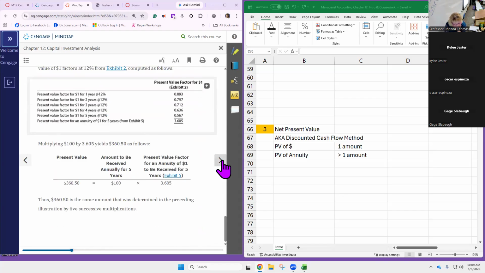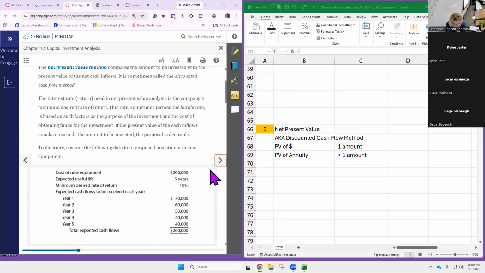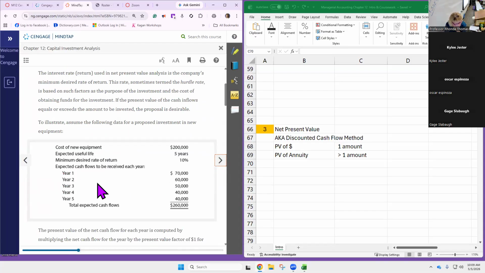All right, let's see if we can understand this present value method here. So we're going to take the cost of equipment, its expected useful life. You're also going to receive some kind of minimal desired rate of return. This is the rate of return that the business has decided is the minimum they will accept in order to do a project.